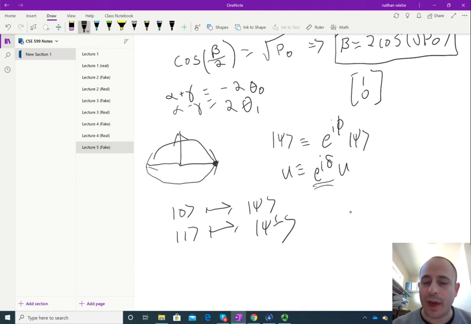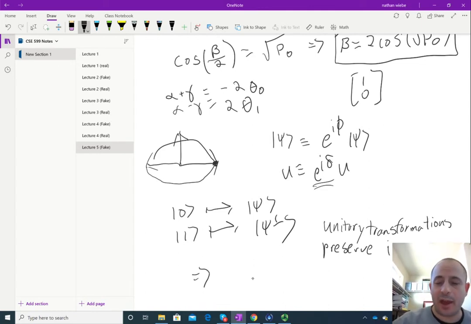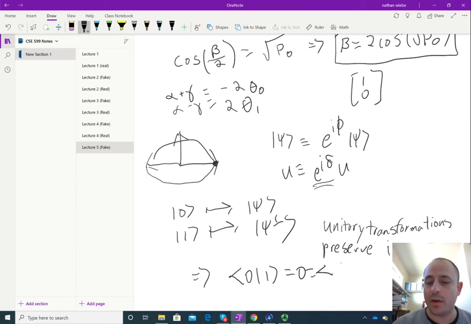Again, because all unitary transformations preserve inner product, we know that the inner product of 0 and 1, which equals 0, must equal the inner product of psi and psi orthogonal.